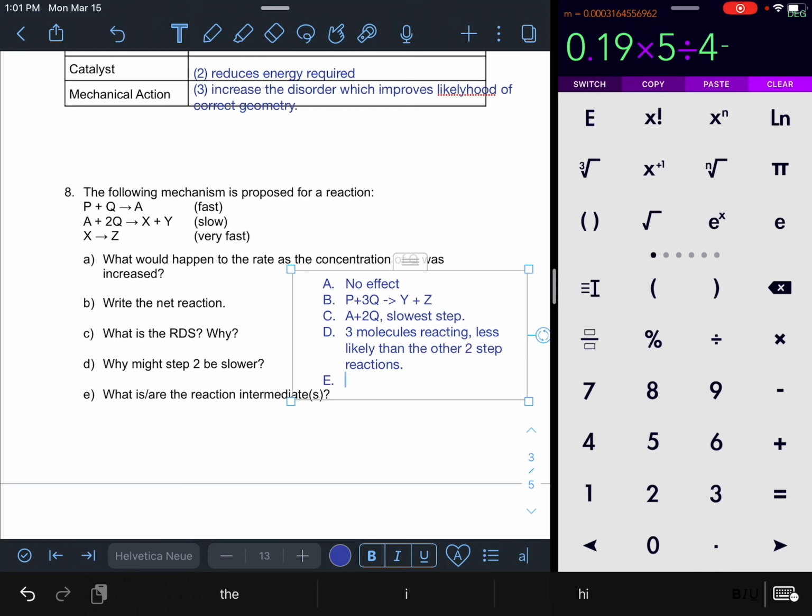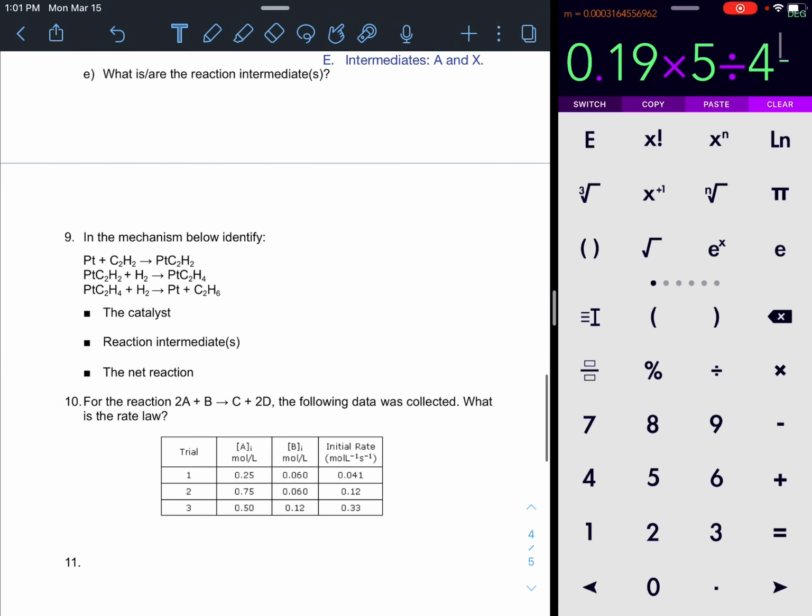And then what are the reaction intermediates? Intermediates, so we have A and X. They are produced and consumed.